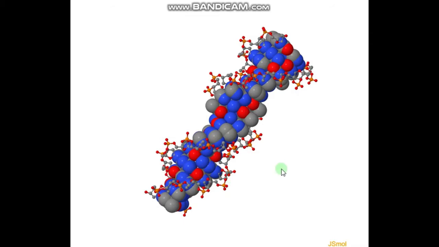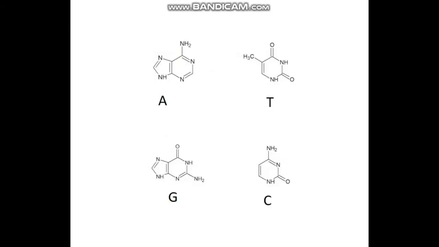So what we need to do is to understand what's going on in that core structure so that we can see if that will give us the clue to how this double helix folds. So let's remind ourselves what these bases look like.